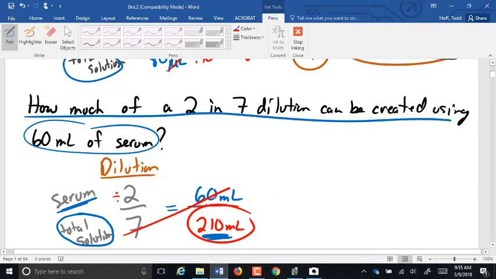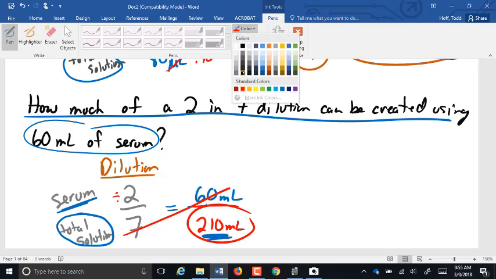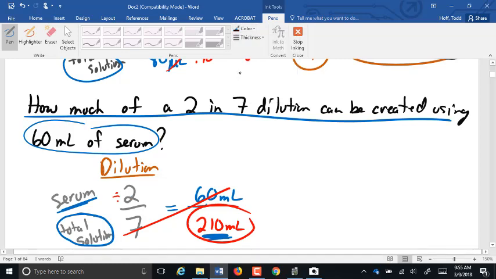So 60 milliliters of serum would enable us to create 210 milliliters of total solution in a 2 in 7 dilution. So that's using the straight dilution ratio.